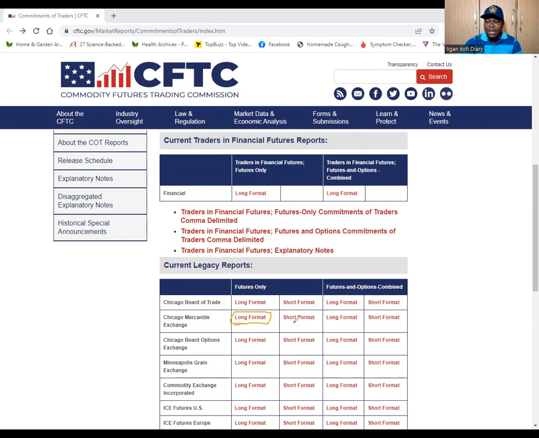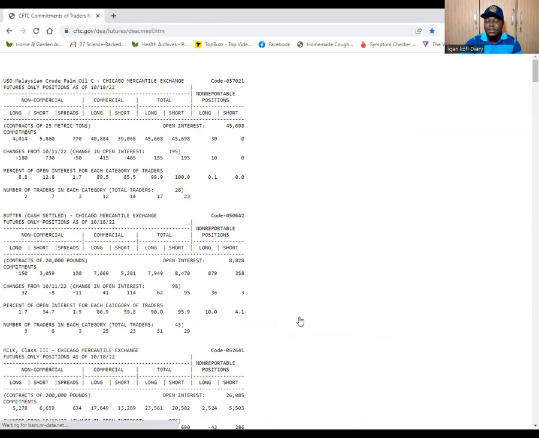We want the short and simplified version, which is the short format. That is what we are looking for. So you click on short format, and it should take you straight to the COT report.